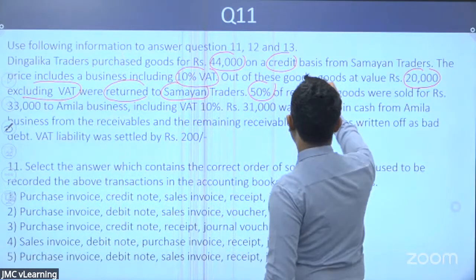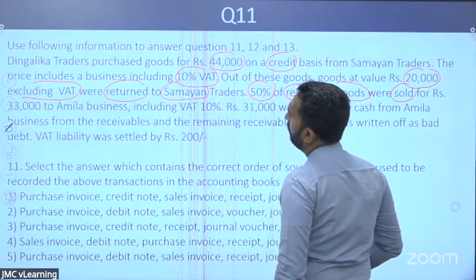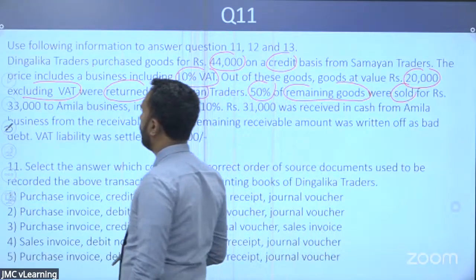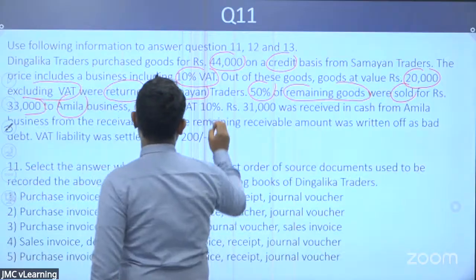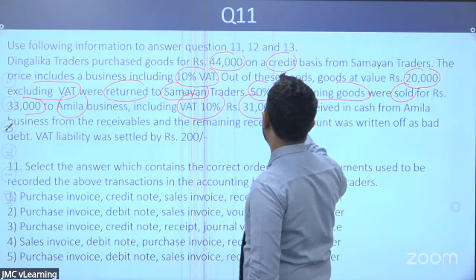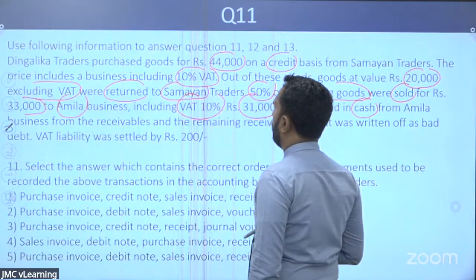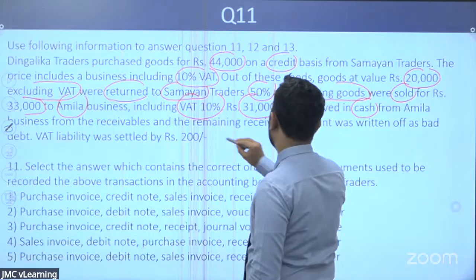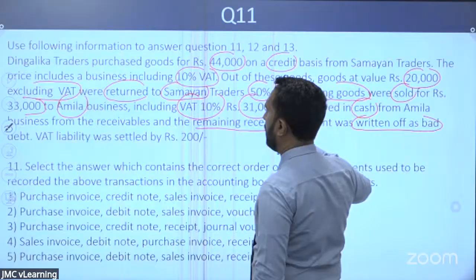50% of the remaining goods were sold for rupees 33,000 to Amila's business, including a VAT of 10%. Rupees 31,000 was received in cash from the receivables, and the remaining receivable amount was written off as a bad debt.